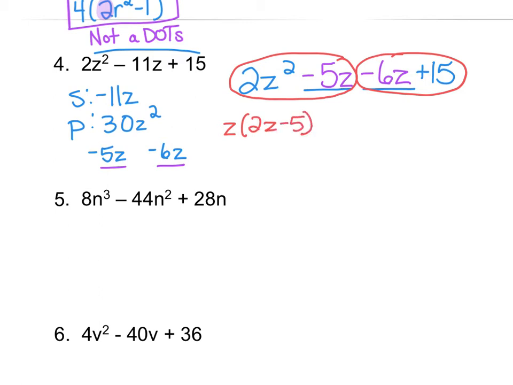For the second one, it looks like I am going to pull out a negative 3 because I want this term to end up being negative in the parentheses. So if I pull out a negative 3 and divide negative 6 by negative 3, I get a positive 2z. And then 15 divided by negative 3 gives me a negative 5.